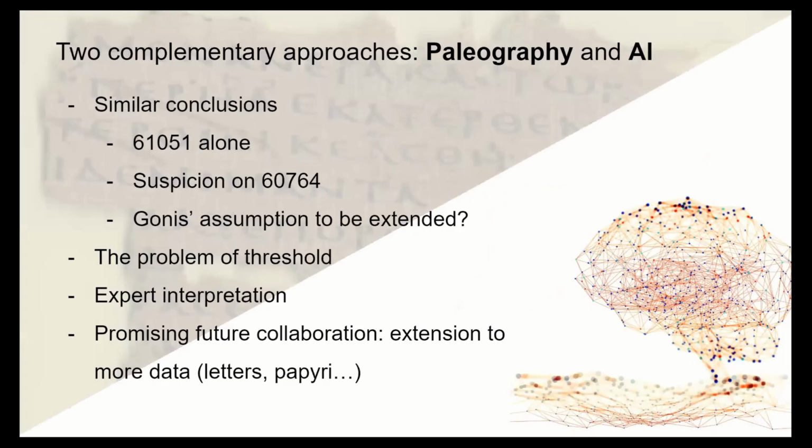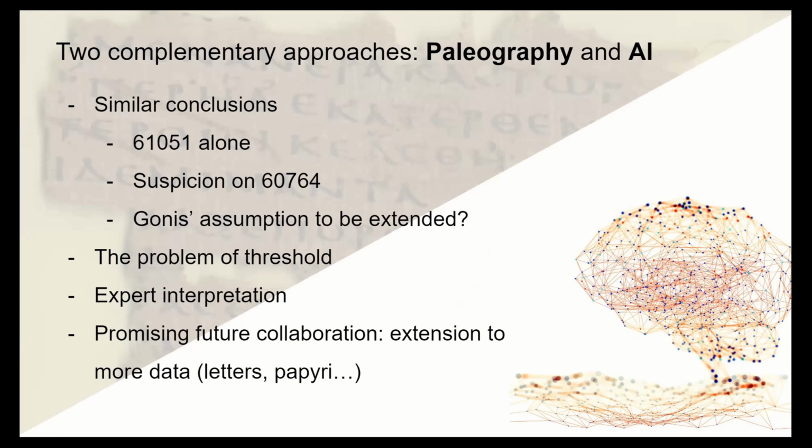So yes, to end this presentation, the conclusions or results of paleography and AI are similar: Gonis's assumption, the suspicion about the 6764, and the isolation of this one. And then the problem of threshold is a shared problem between AI and the human eye.